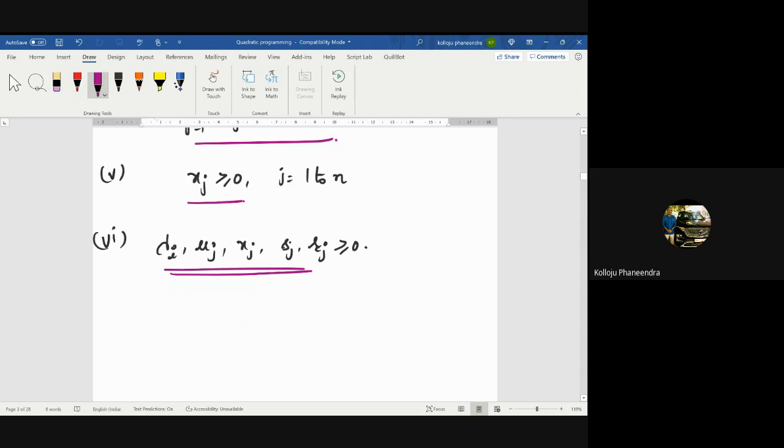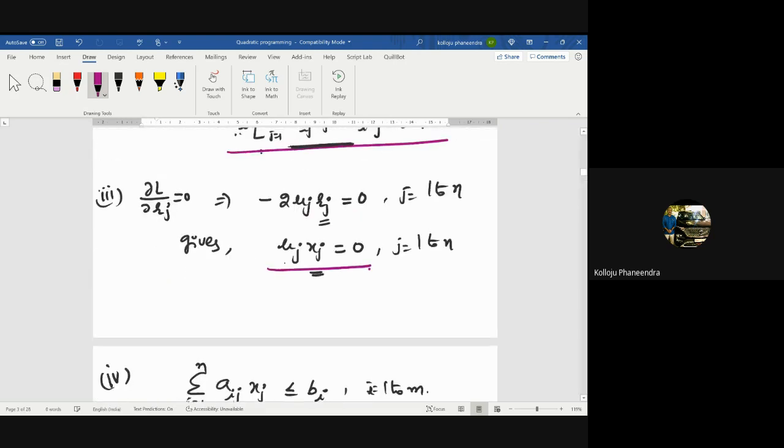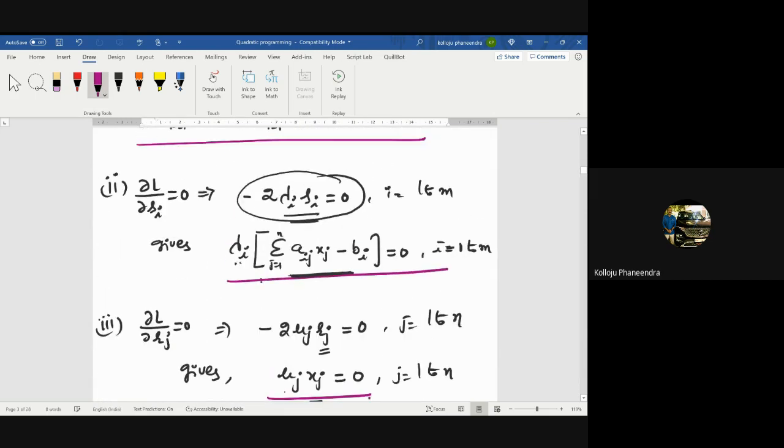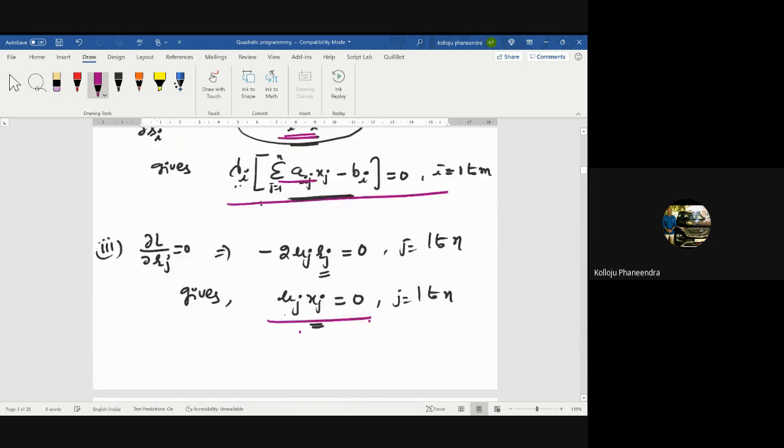Now this is important. In the above conditions, there are two conditions: lambda I into Si equal to 0 and mu j into xj equal to 0. Mu j into xj is one condition, and lambda I into Si is the other.